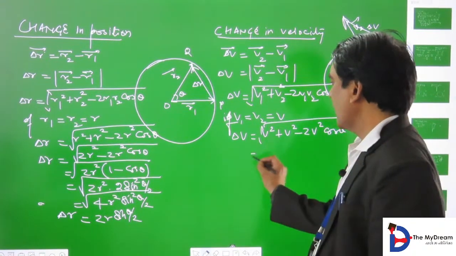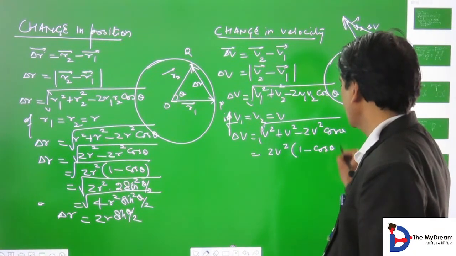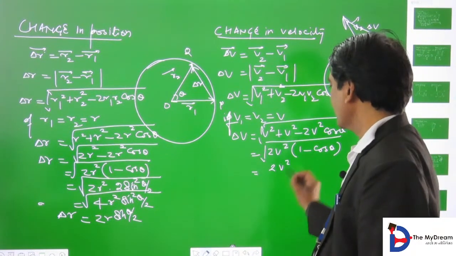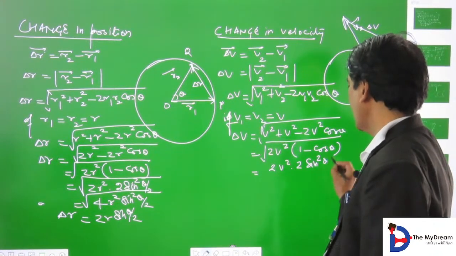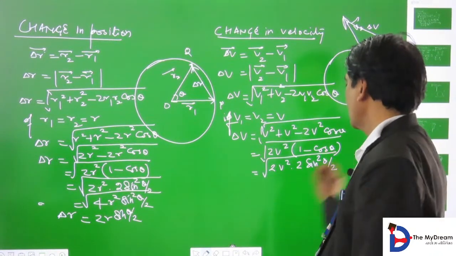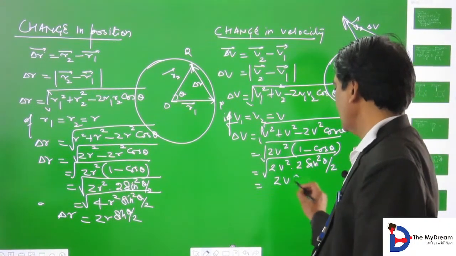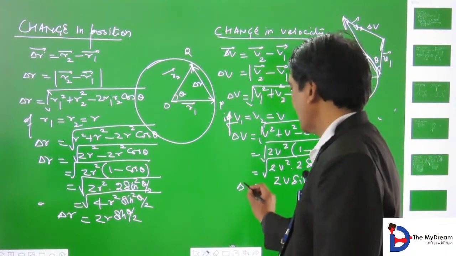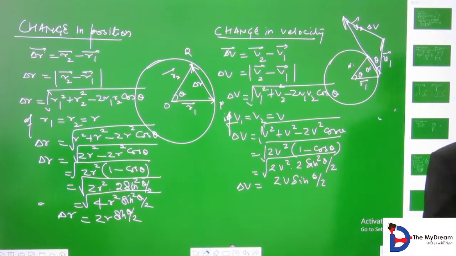Then you will get twice of v square common 1 minus cos theta, and 1 minus cos theta is equal to twice of sin square theta by 2, which is equal to twice of v sin theta by 2. That is the change in velocity. नोट कर लीजिए.